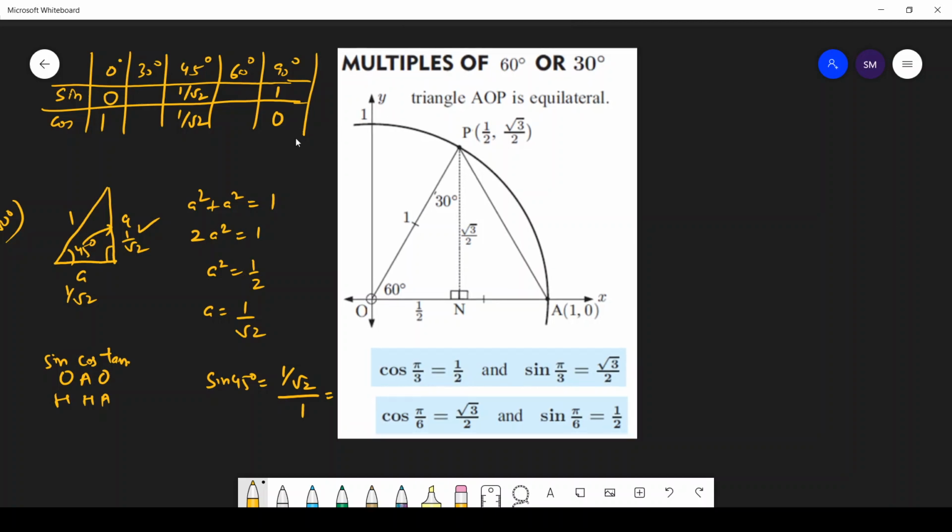So for 30 and 60 degree, we further move this initial arm and we rotate it by 60 degree. So when we rotate it by 60 degree, this side is 1 and this side will also be 1. You will get an equilateral triangle here.